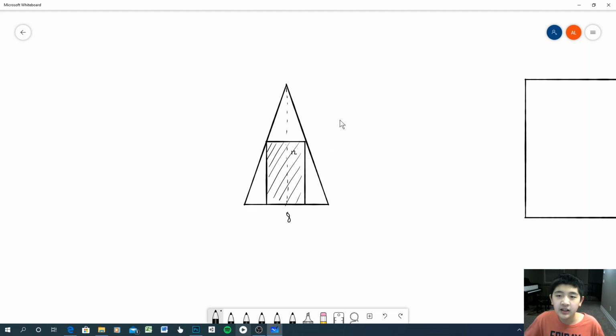So ask yourselves, how do you get the area of a rectangle? Well, it's base times height. Great. Now we will express area in that form. Area equals base times height.